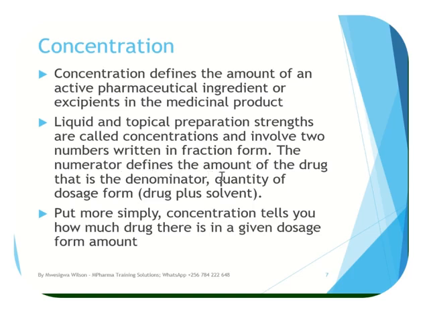The numerator defines the amount of the drug present in the denominator, which is the quantity of the dosage form, the drug plus the solvent or the other inactives. To put it simply, the concentration tells us how much drug there is in a given dosage form.